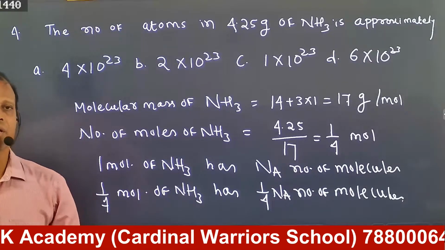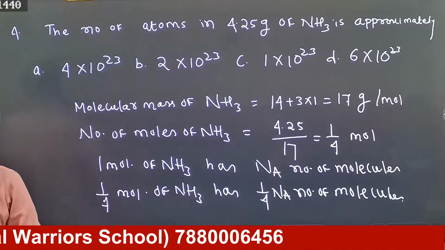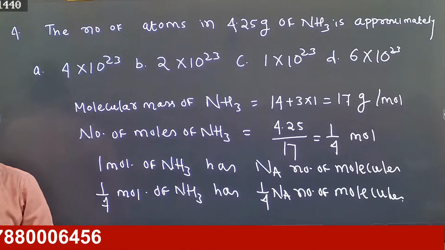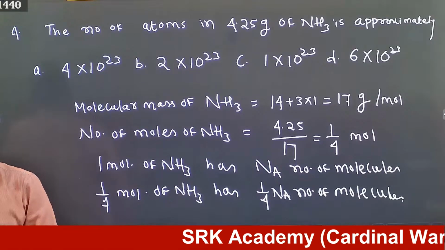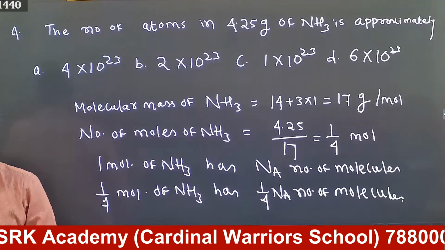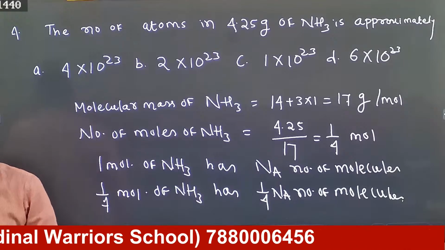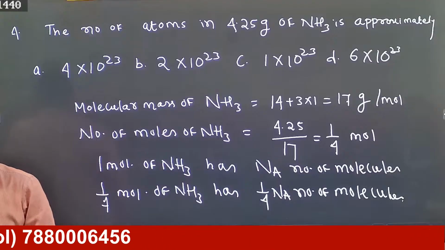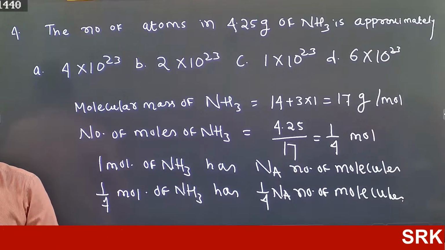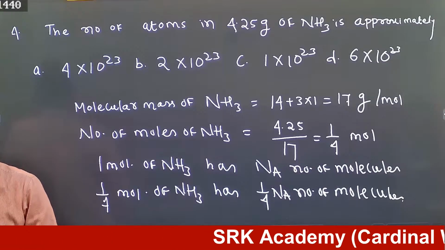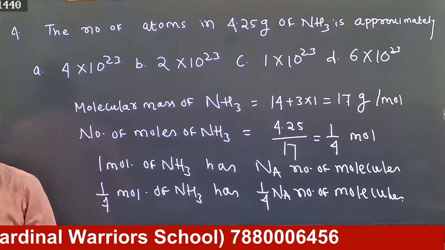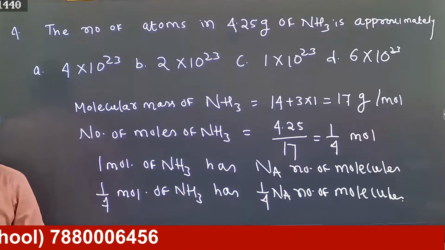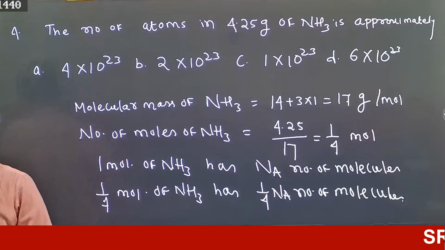But 1 molecule of ammonia has how many atoms? 4 atoms, because the formula is NH3. The formula tells us the number of atoms present: N 1 and hydrogen 3, 1 plus 3 becomes 4. So 1 upon 4 Na number of molecules of ammonia has 4 multiplied by 1 upon 4, that is Na number of atoms.